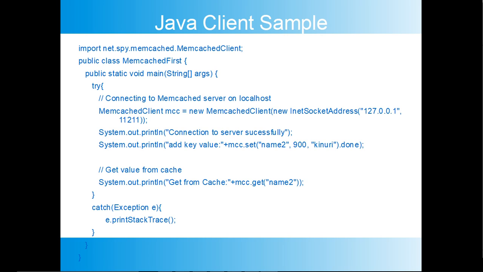Like that you can do a lot of manipulations. Like here in this Java program, it will connect to the memcached server at localhost at this IP, add a key name, and you can get the key.